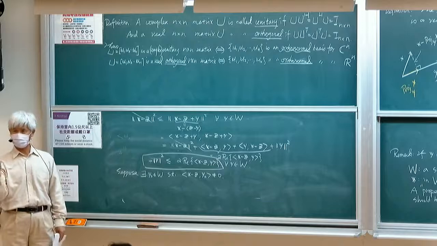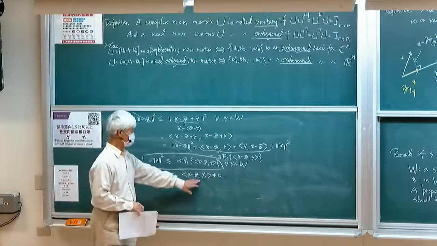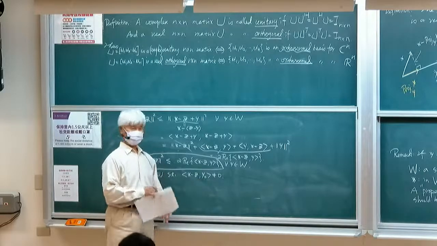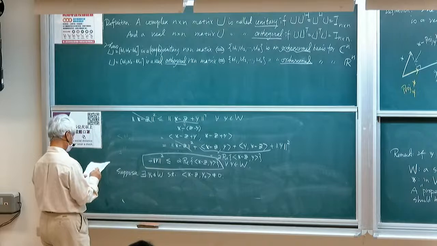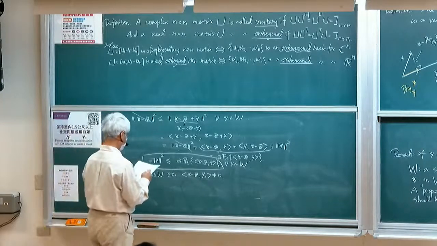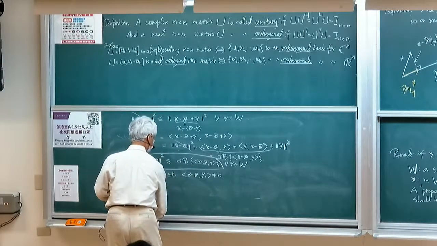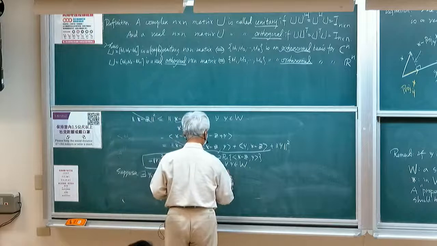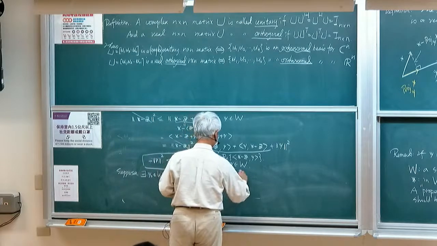Suppose we have a vector in the subspace such that this inner product is not 0. Okay? All right, and so let's say it equals a plus ib, not equal to 0.